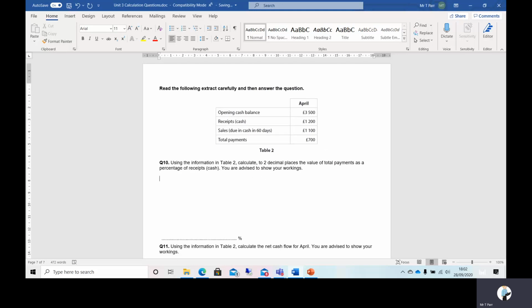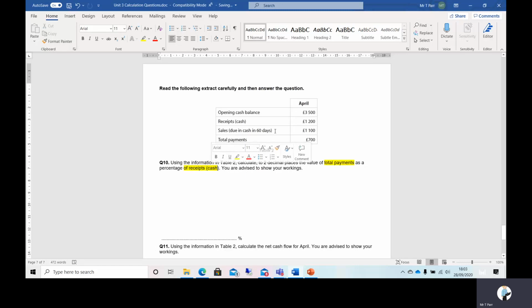Using the information in table 2, calculate, to 2 decimal places, the value of total payments as a percentage of receipts in cash. So first we need to work out total payments. Remember, as a percentage of, we divide that by receipts, and in brackets it says cash.